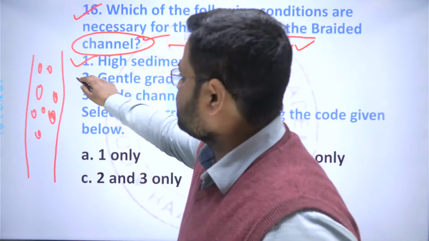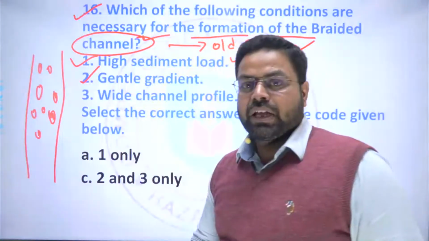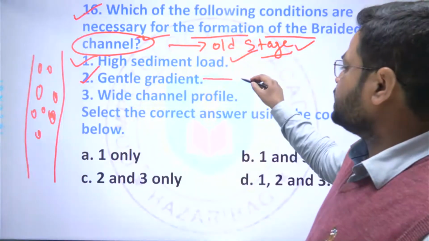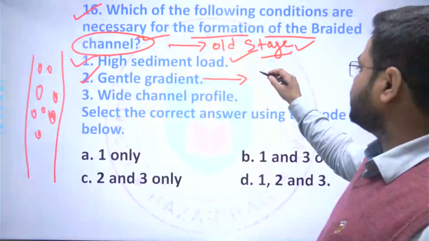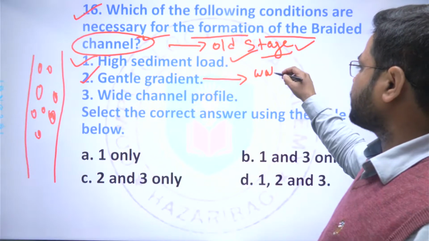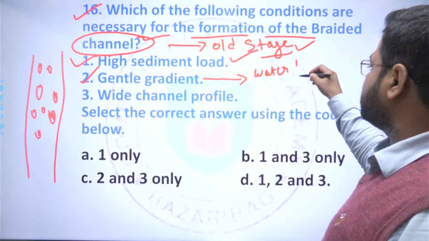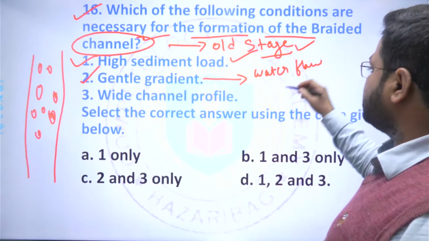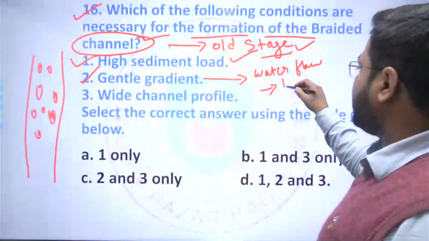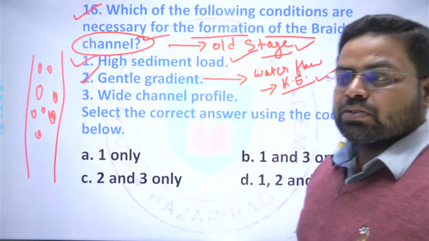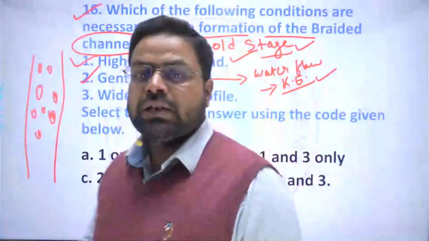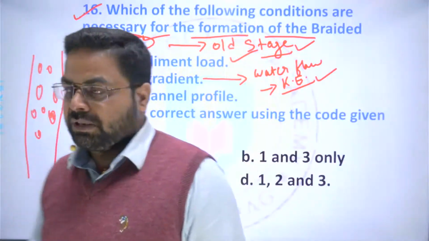Next is gentle gradient. If there is a steep gradient, then there will be very high speed of water flow. And what will happen then? There will be high kinetic energy in the river channel, so it will hinder the deposition of sediments.